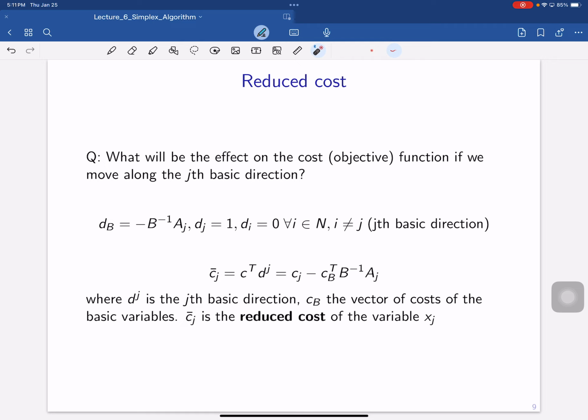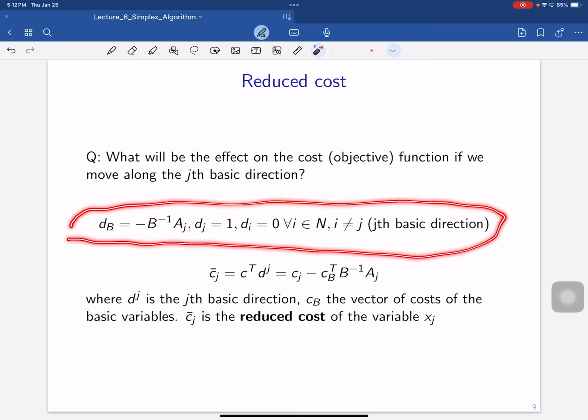So now I'm going to cover a very useful concept in linear programming. Again, if you are already confused by the linear algebra, it's okay, don't worry about that. You can go back home and try to do the math again. You can still follow along. So if you believe me, this is the jth basic direction.